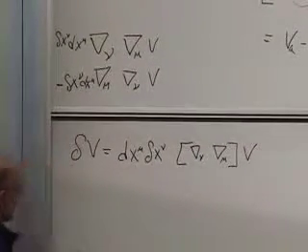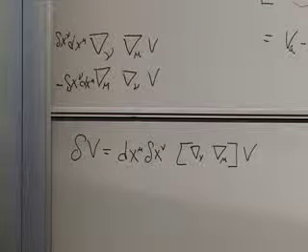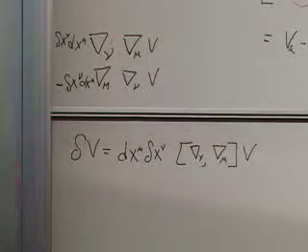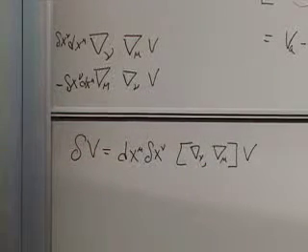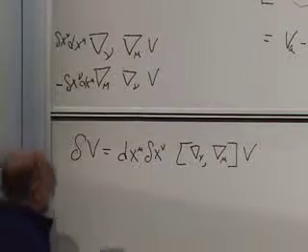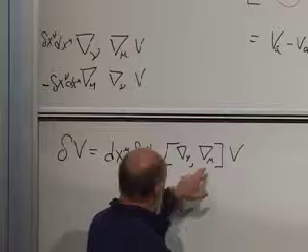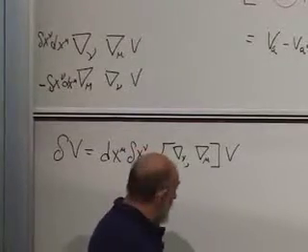So here's a fancy expression involving the commutator of two covariant derivatives. Each one is itself an operator. When you commute them, you get another operator.